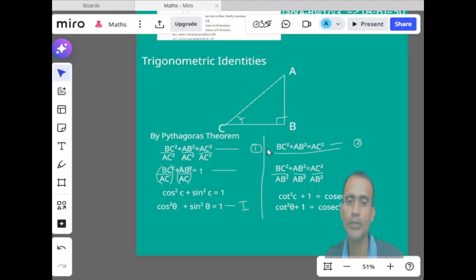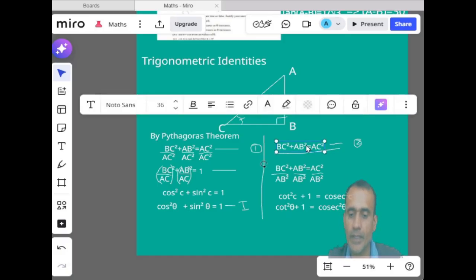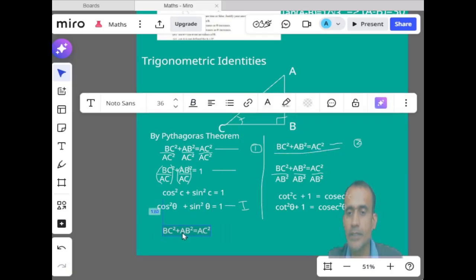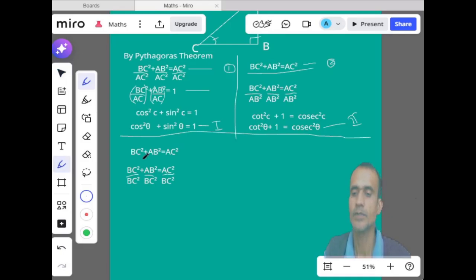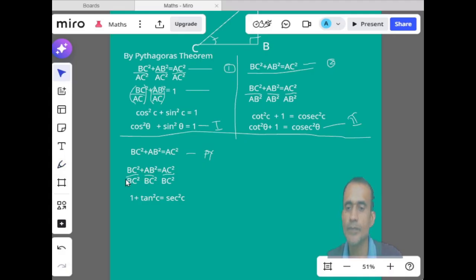Similarly, if we divide the Pythagoras theorem by BC square, we find another trigonometric identity. So we again start with the Pythagoras theorem and divide both sides of our equation by BC square. So we get BC by BC is 1, AB by BC.